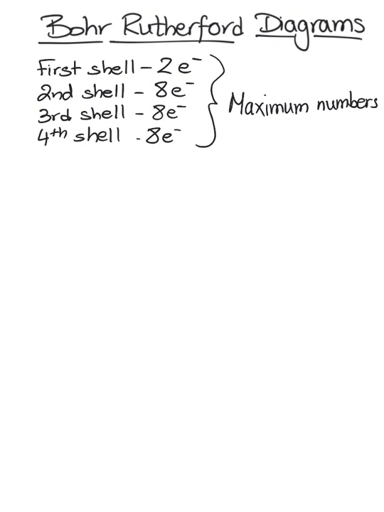So the way we start is let's first maybe pick an element off our periodic table. Let's pick the element phosphorus. So what you need to do is you need to go to your periodic table and find where phosphorus is.